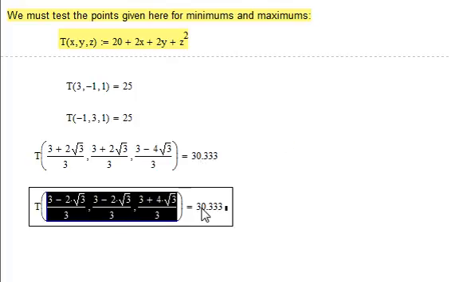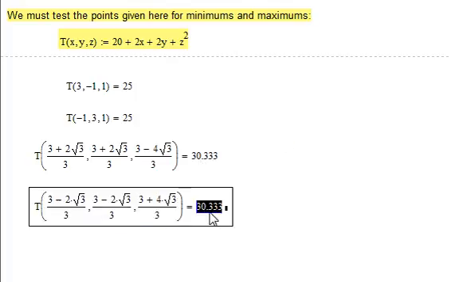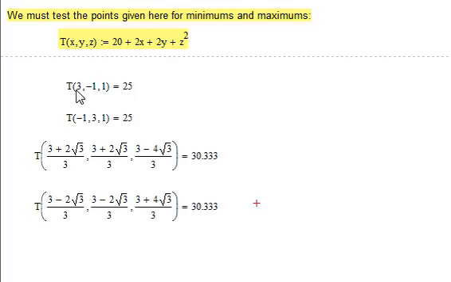It's also maximum at this other point, and you can read through that if you want. But the temperature is minimum at x equals 3, y equals -1, and z equals 1 at 25, and minimum at -1 for x, 3 for y, 1 for z, also at 25.